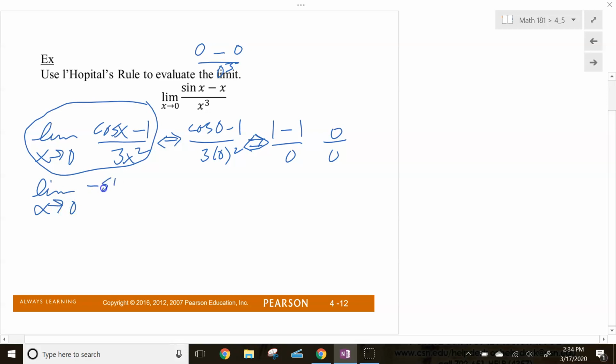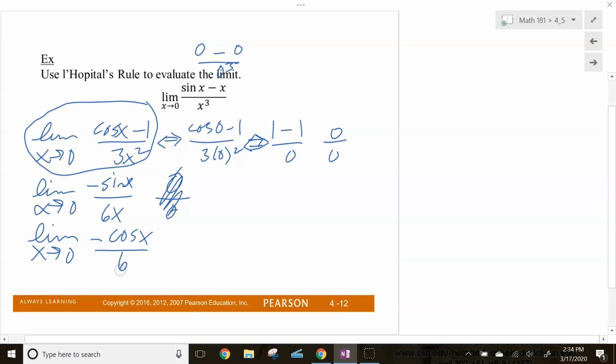Derivative of cosine, negative sine. Derivative of negative 1, 0. So we got negative sine over 6x. Now we throw in 0. Well, sine of 0 is 0. So the top is 0. 6 times 0 is 0. Okay, 0 over 0 again. So run L'Hopital's rule again. Negative stays there. Derivative of the sine, cosine, derivative of 6x is 6.